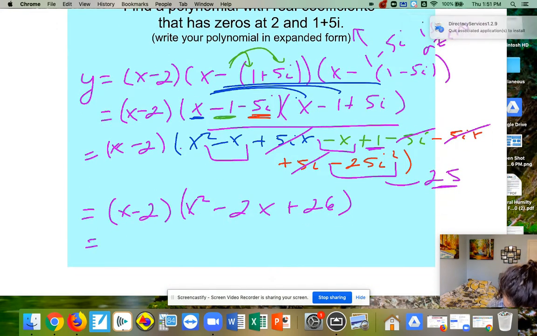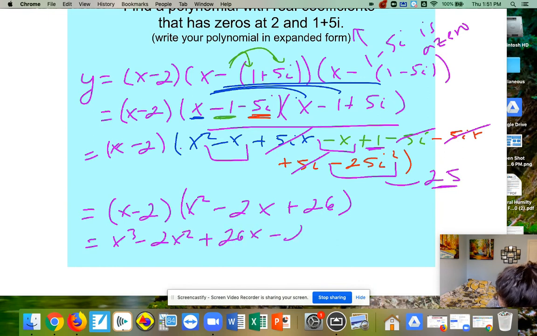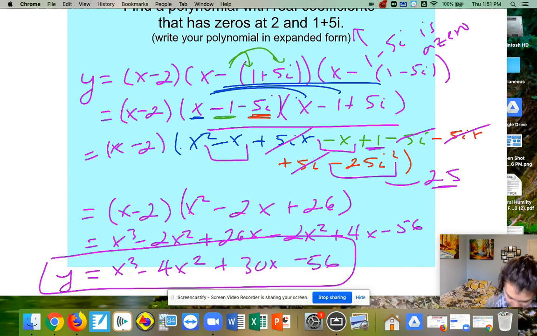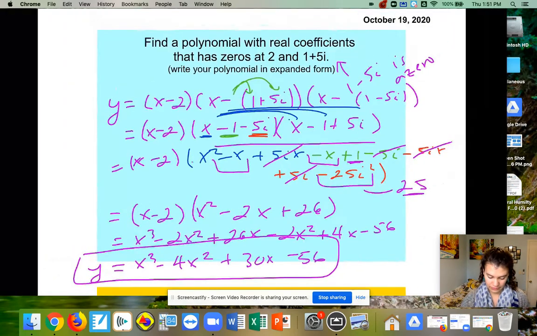So multiply again, we get x cubed minus 2x squared plus 26x minus 2x squared plus 4x minus 52. Combine all of your terms, and you'll get x cubed minus 4x squared plus 30x minus 52. And that will be your polynomial.